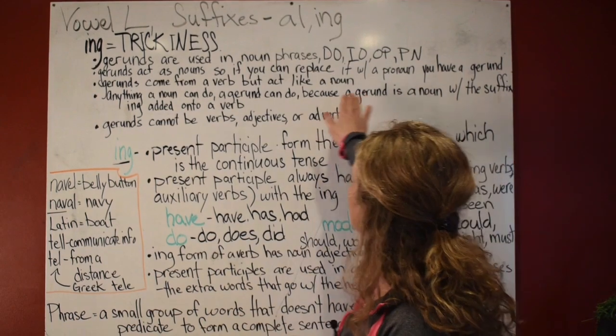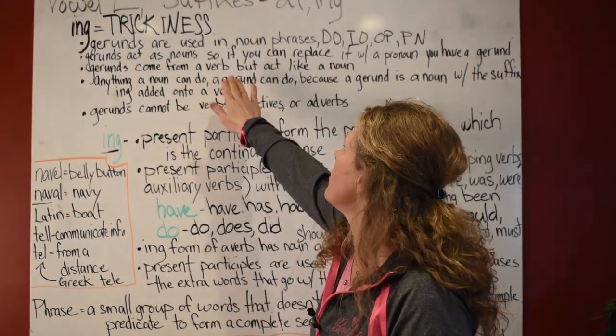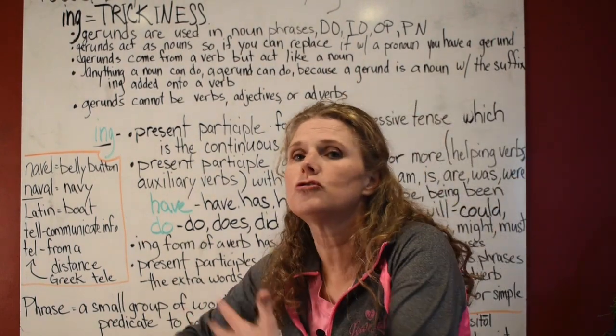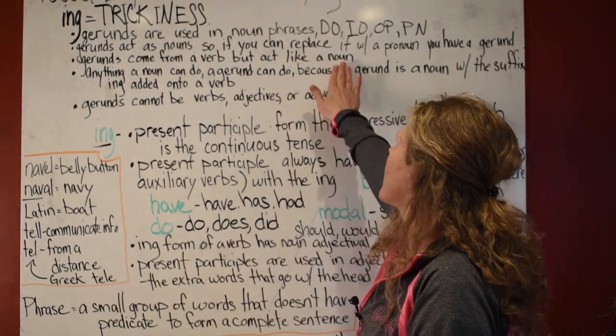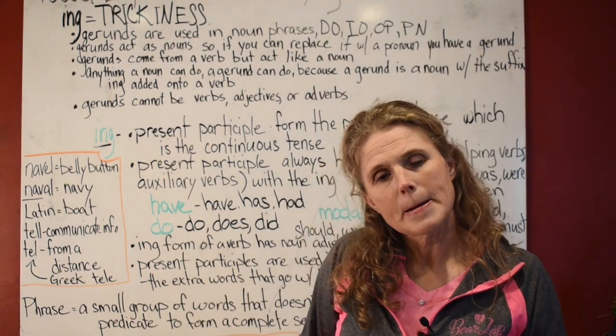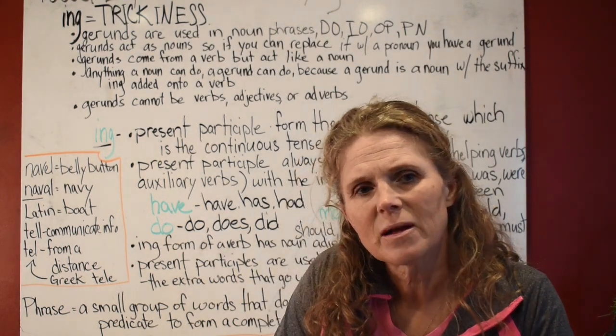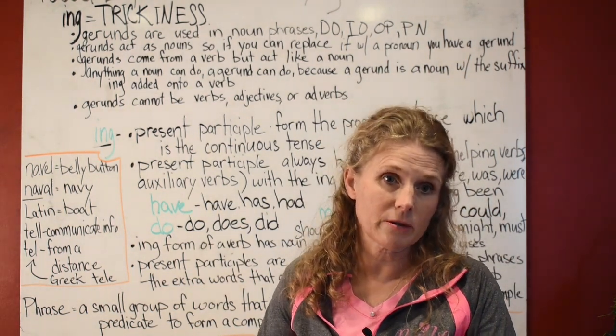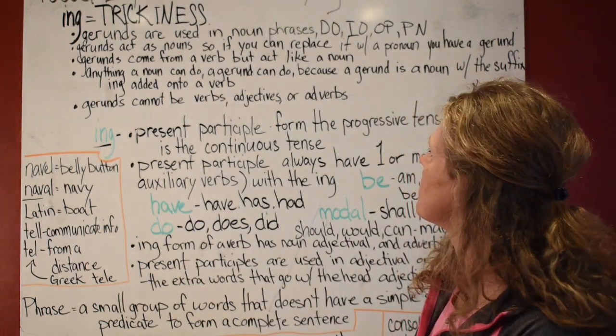Now, gerunds come from a verb but act like a noun. They look like they're doing something, but they're actually acting like a noun. Like she replaces Lisa. Yeah, exactly. That's what pronouns do. Good, Paul. Thank you.